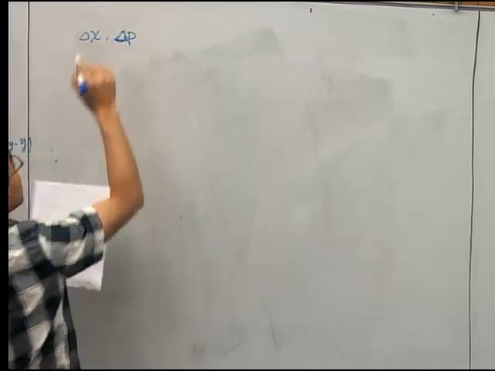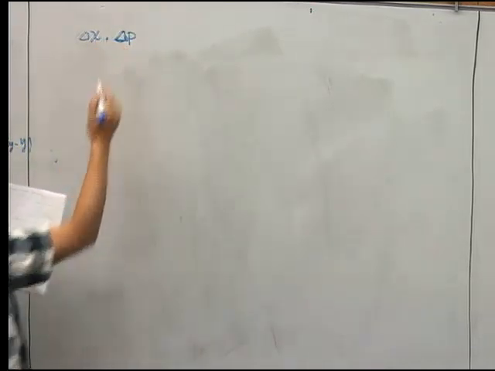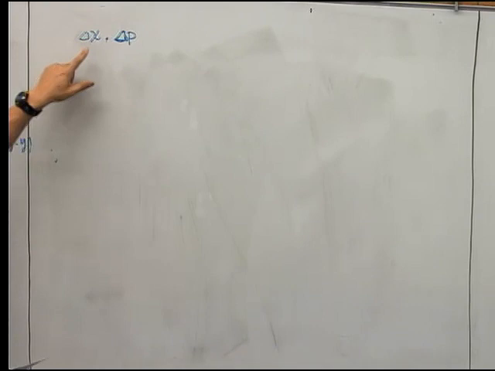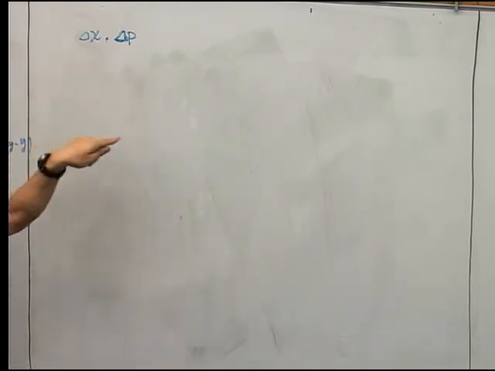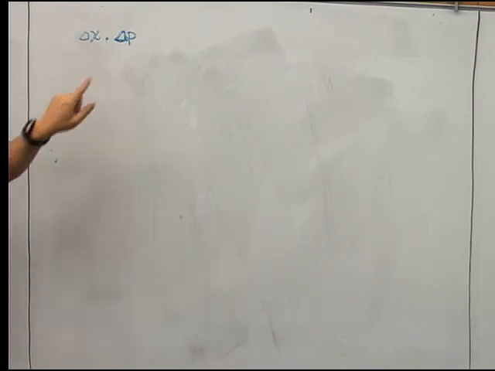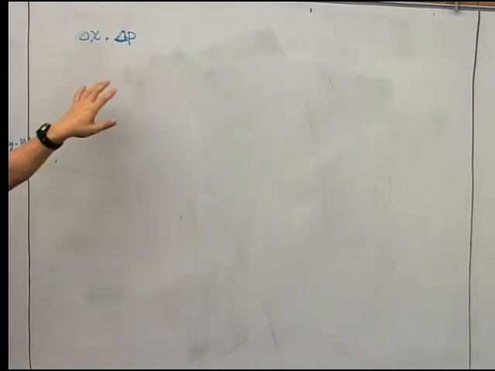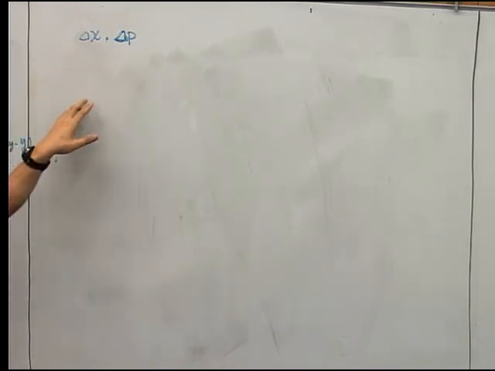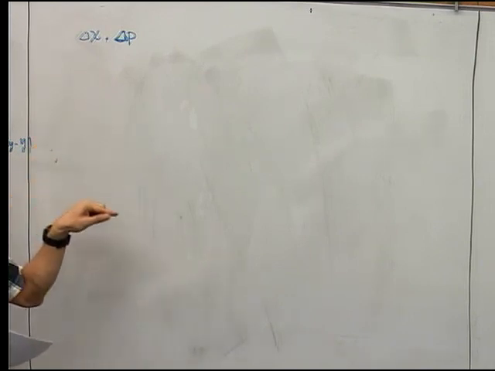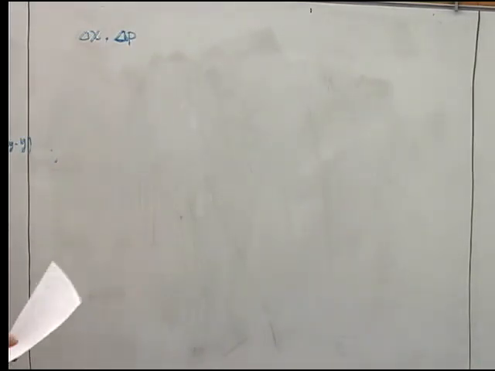So the uncertainty principle is that if you want to know exactly where it is, you cannot know its speed. And if you want to know exactly its speed, you cannot find where it is. Like if you want to detect the electron, you have to use something to detect it, maybe a photon, but when the photon hits the electron, you change it.